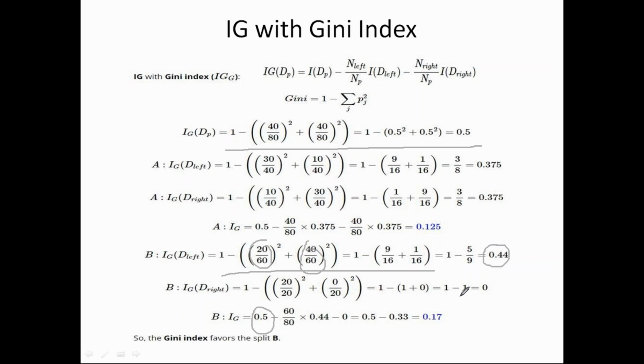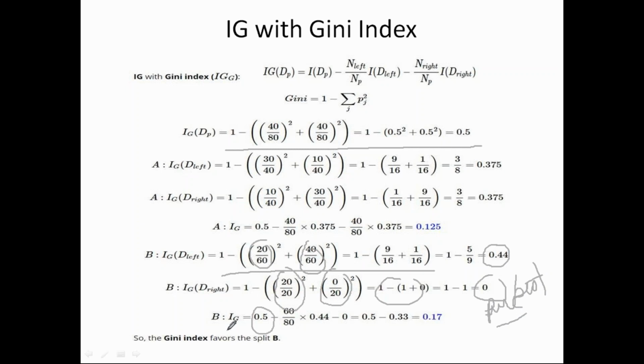It's a bad Gini index. But you see the right side, 20 by 20 full and then 0. So it will become 1 minus 1, 0. This is a pure Gini index, best case.